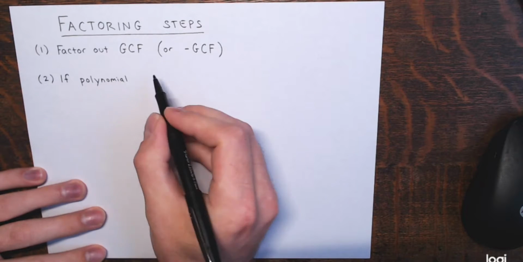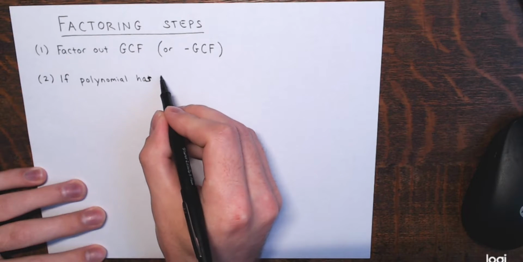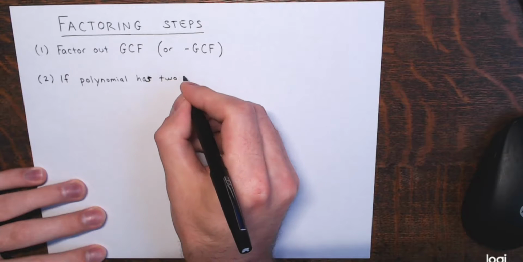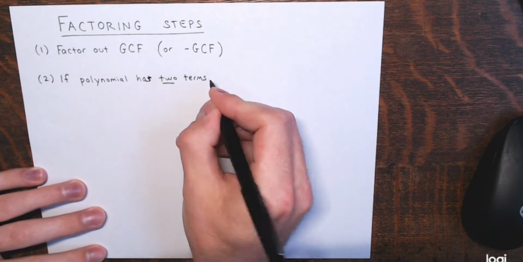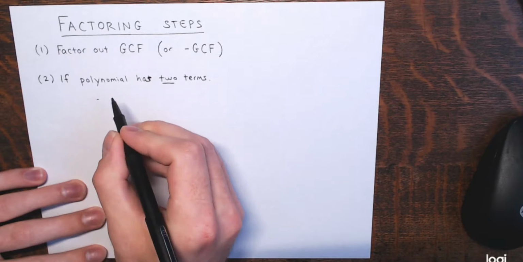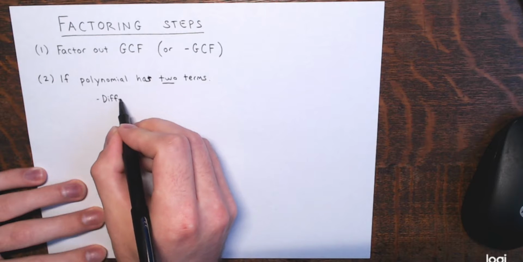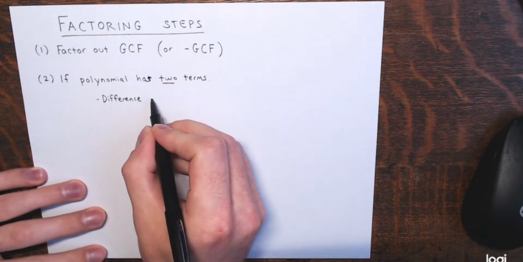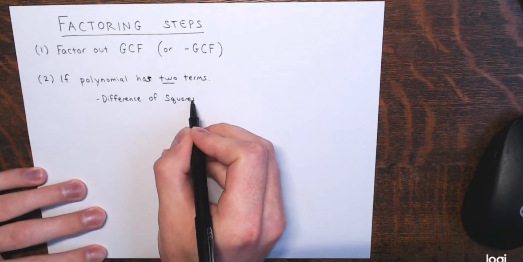So if the polynomial has two terms, well, then it may be a difference of squares. Which you should know how to factor.